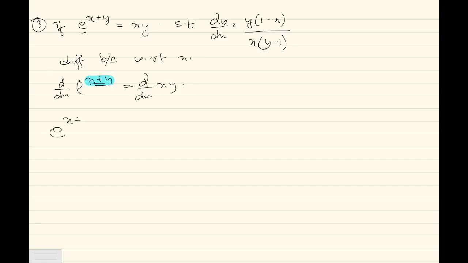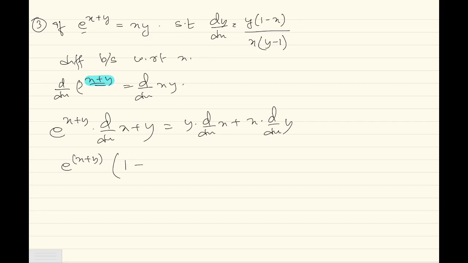E to the power x plus y, and again chain rule, d/dx of x plus y, equals product rule: second into d/dx of first plus first into d/dx of second. What did I apply? Product law. That gives me e to the power x plus y here, and then this is 1 plus dy by dx, and ultimately here I get y plus x dy by dx.